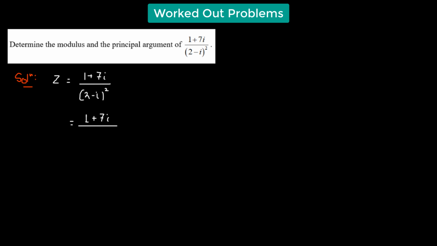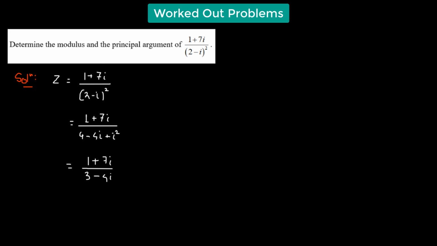So 2 squared will be 4, minus 2 times 2, which is 4, and 4 times i will give us 4i, plus i squared. So that gives us 1 plus 7i divided by, i squared is negative 1, so 4 minus 1 is going to give us 3. So we have 3 minus 4i in the denominator.